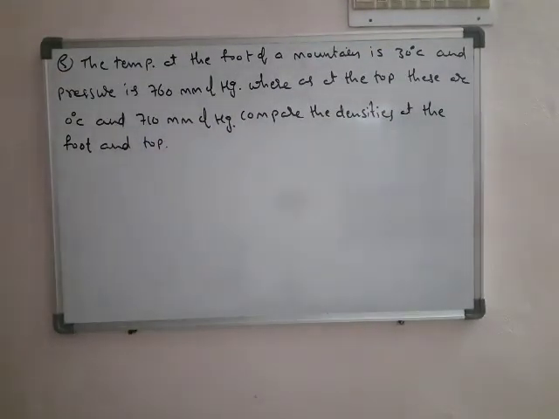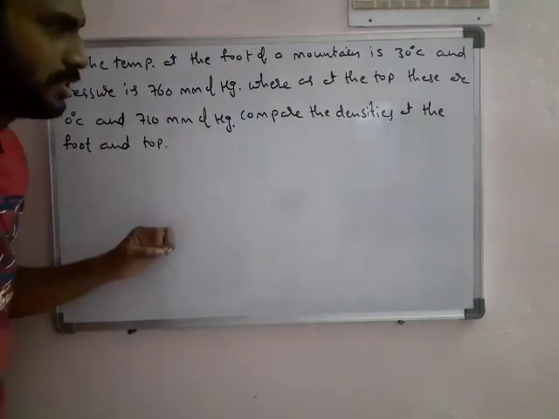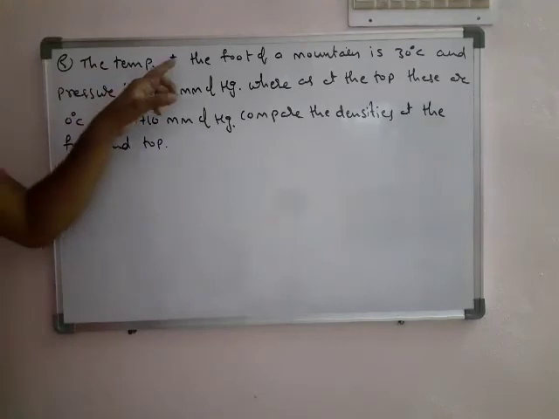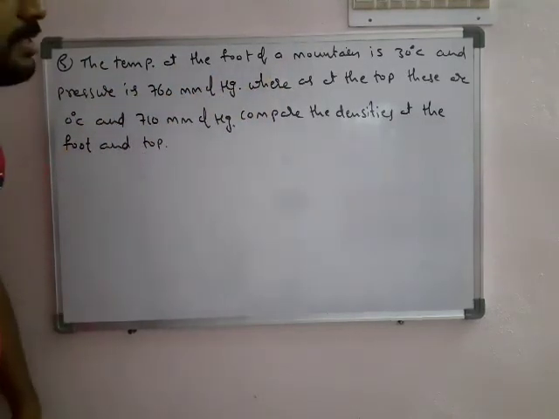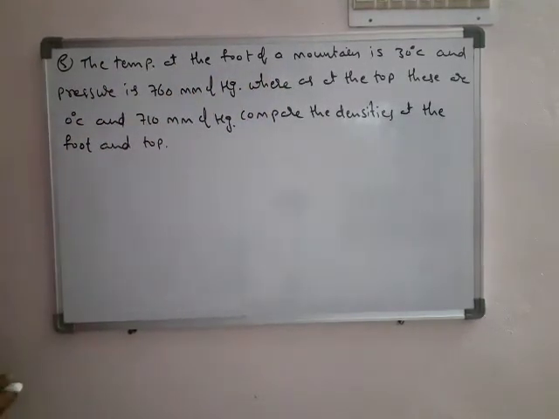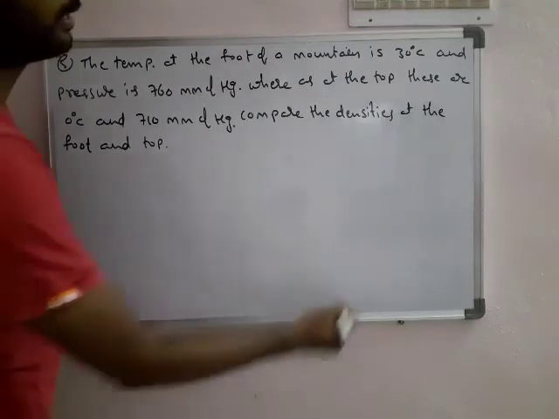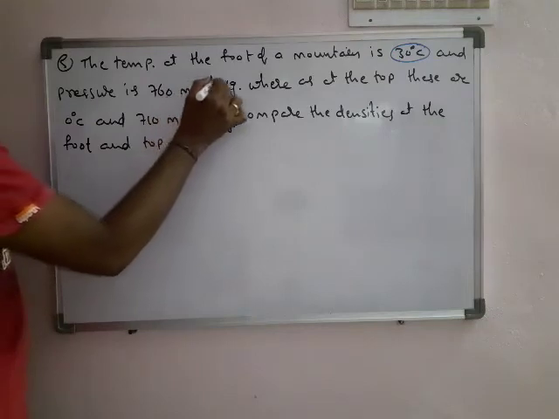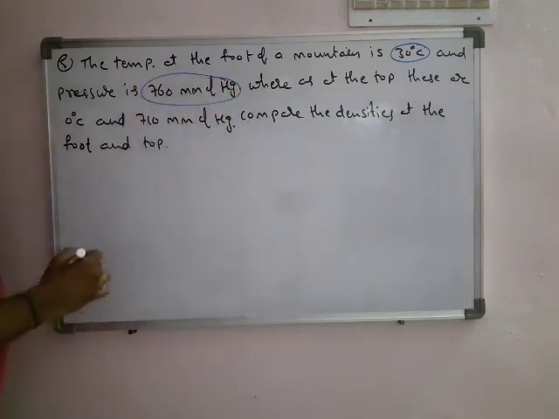So see the last one. It is totally different from earlier problems. Here the temperature at the foot of a mountain is 30 degrees Celsius, that is, at the down part of the mountain, and its pressure is 760 mm.